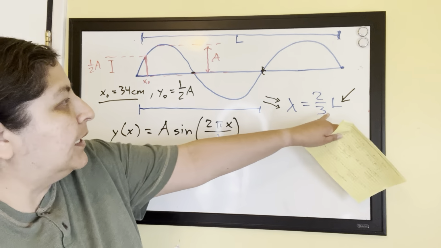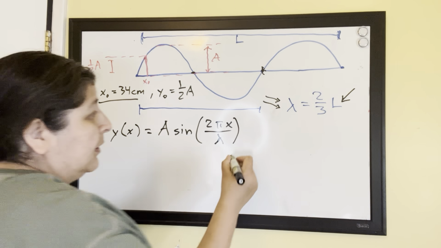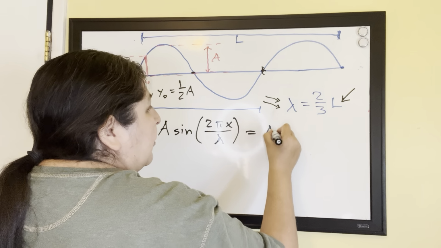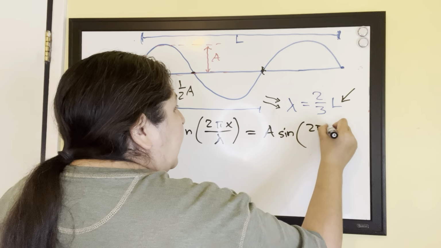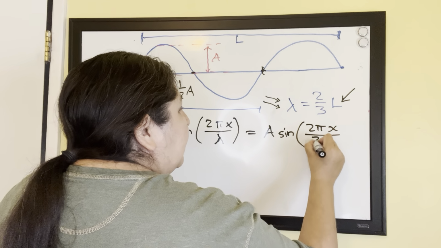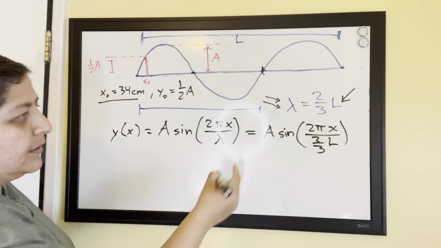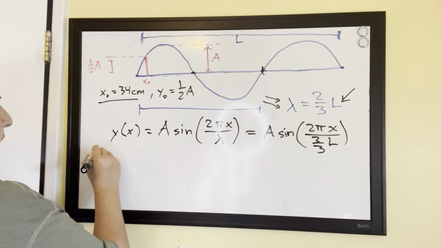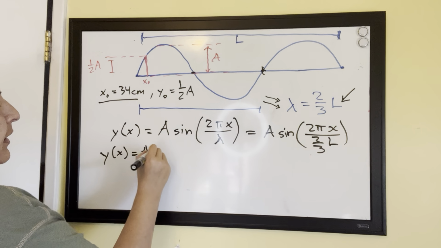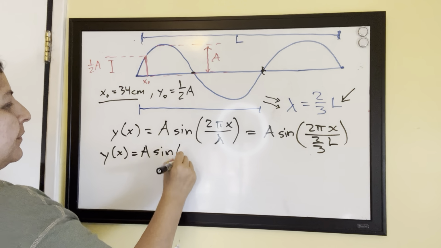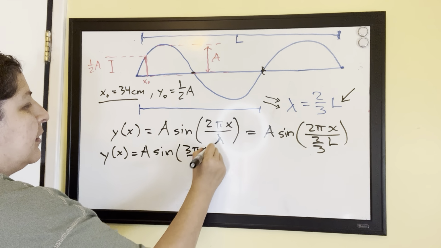So we plug in lambda is 2/3 L. So this is equal to the total amplitude times sine 2 pi x over 2/3 L. And the 2 cancels out, and so in general we have y of x is equal to a sine of 3 pi x over L.